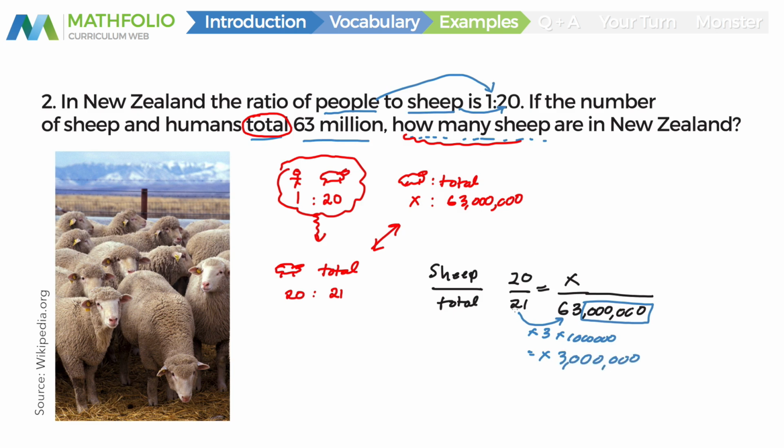So if that's how we can go from 21 to 63 million, by timesing by 3 million, that works on the top. We do exactly the same. We scale it up. So we're going to times by 3 million. So 20 times 3 is 60, and then put the million. So x equals, what do we say, 60 million.